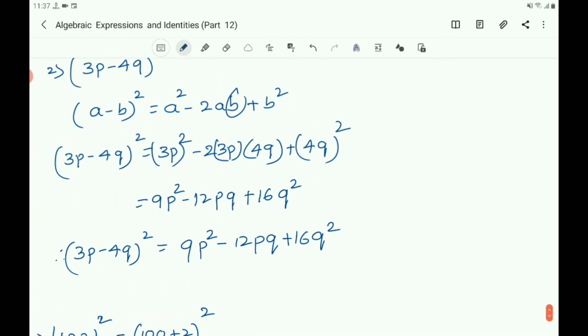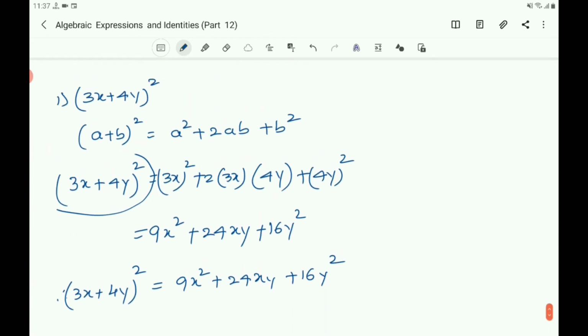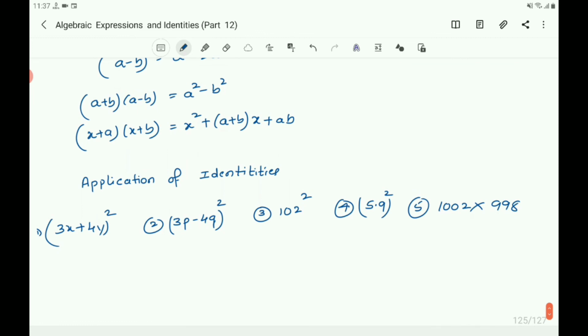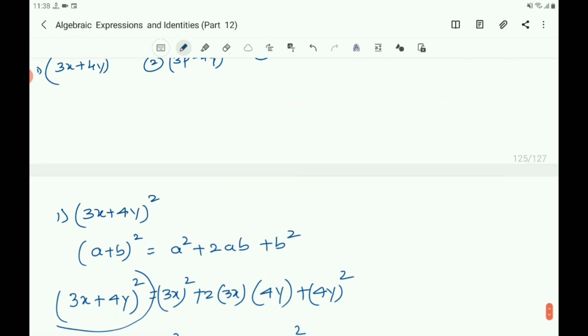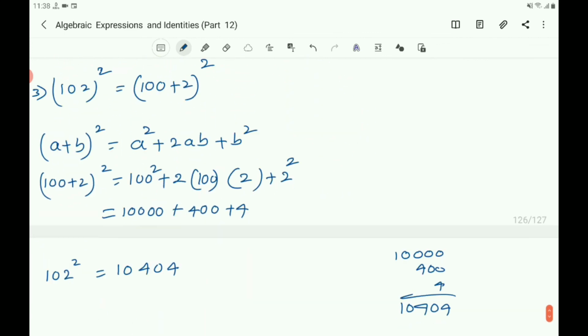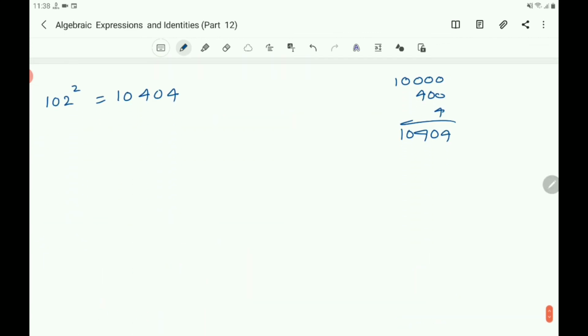Next one you take, that is 5.9 whole square. That is the fourth one.